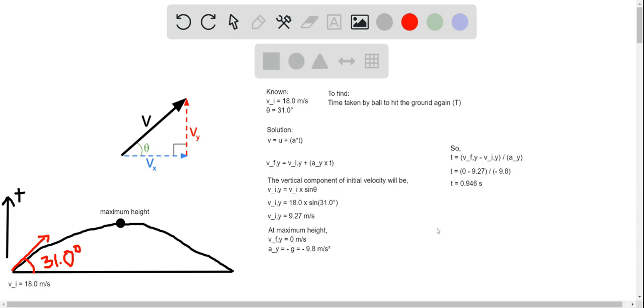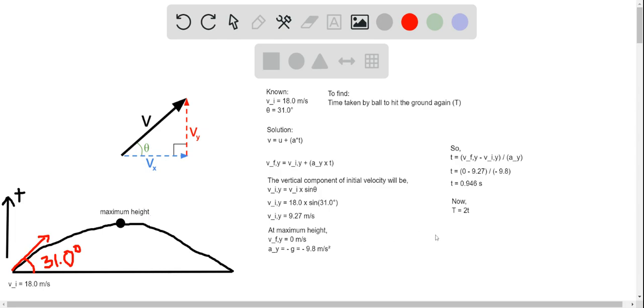But we haven't quite found the solution yet because we want to find how long the ball is in the air. So in order to find that, we know that it takes some time t to reach the maximum height, and it would take that same amount of time for this ball to go to the ground from this maximum height.